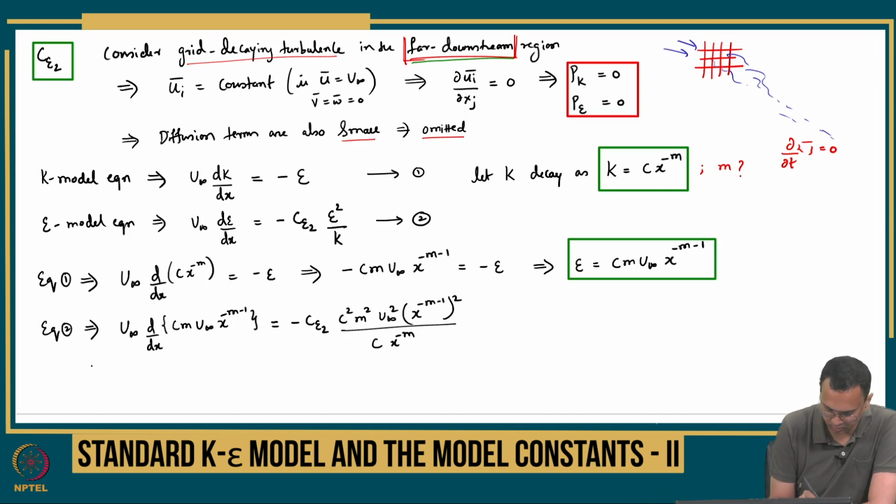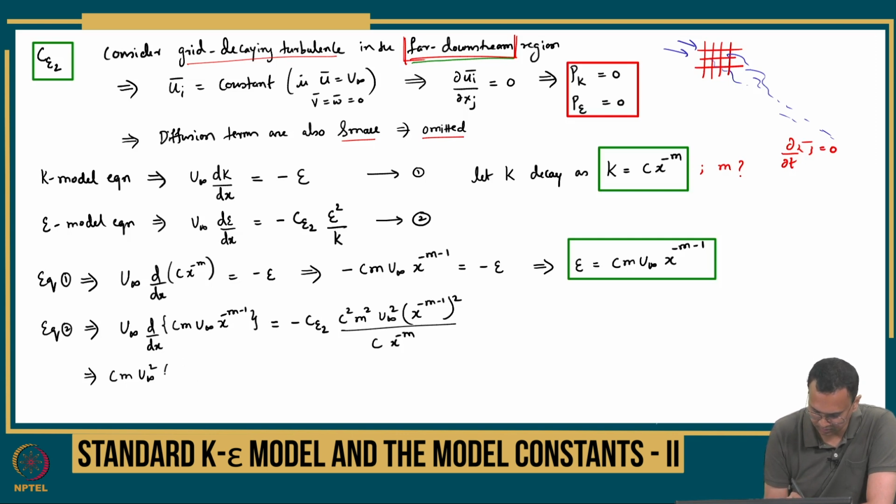If I differentiate the left hand part, I get c m u infinity square, and then minus m minus 1, x raised to minus m minus 1 minus 1.